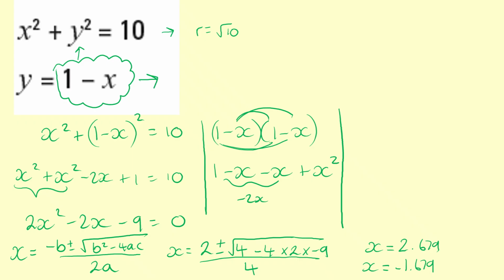What I now need to do is to feed through my x value to get y. So I need to do y equals 1 minus 2.679, and that gets me minus 1.679. And then I need to feed through my other value of x, which is going to be 1 minus minus, so it'll be a plus.